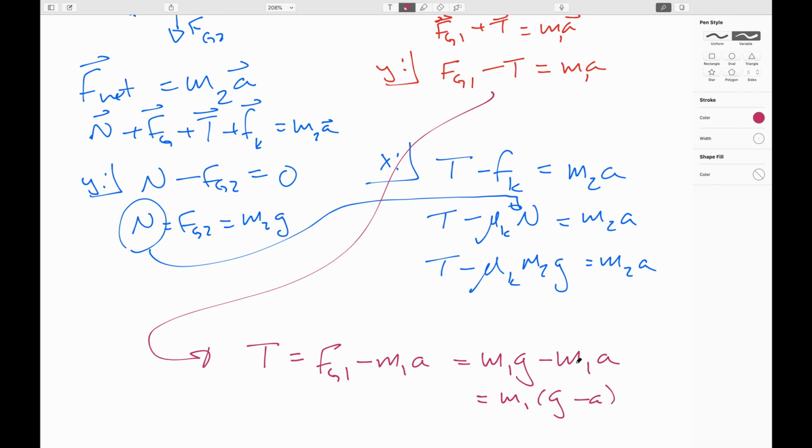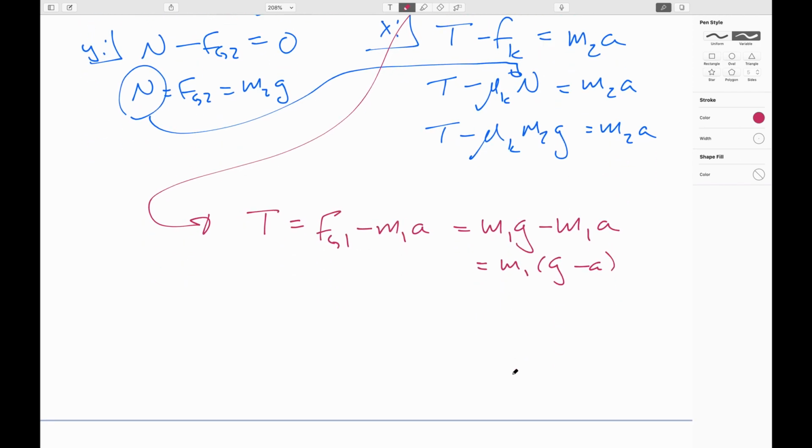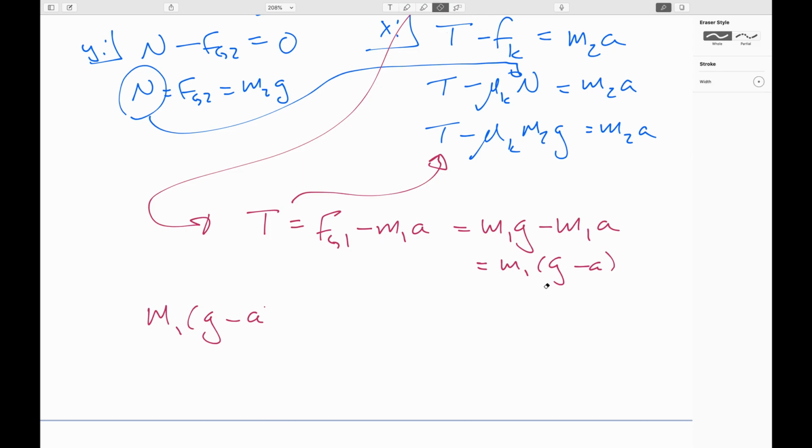There we go. All right, so now that we've got that expression for tension, let's put it in over there. So this will be M1G minus A. I probably shouldn't have grouped it, should I? Because I'm solving for A. Sorry about that. Let's just leave it there.